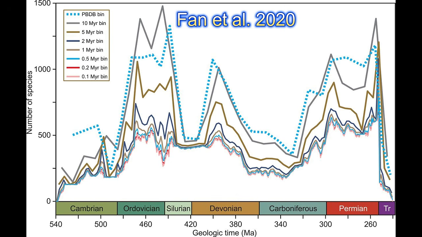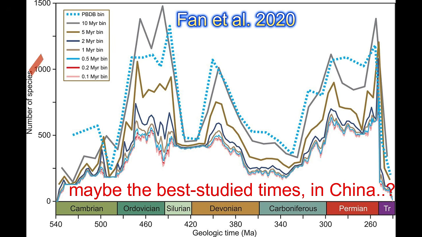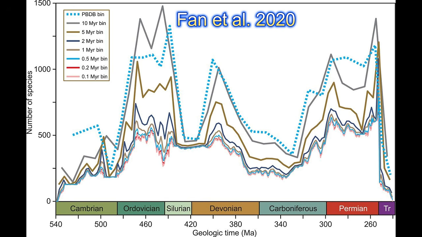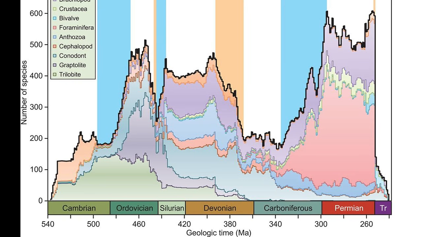And what you see is, again, a very similar overall pattern for the Paleozoic, but with a great big spike in the Ordovician and then later on again in the Permian. So a lot of this is similar, and you can trace the diversity of different groups through this interval.